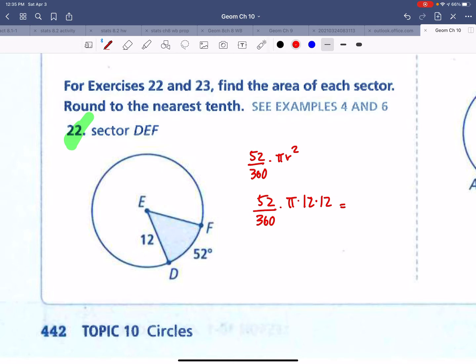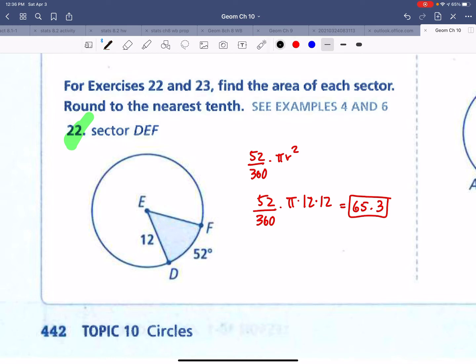So I got 52 divided by 360, enter, times pi, enter, times 12 equals, times 12 equals 65.3.